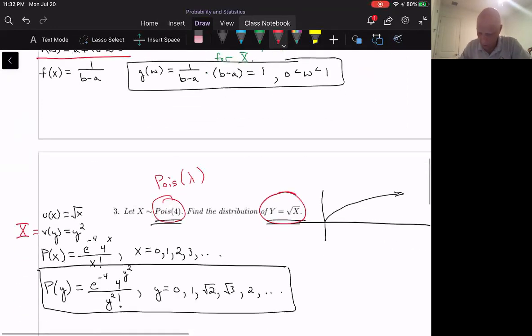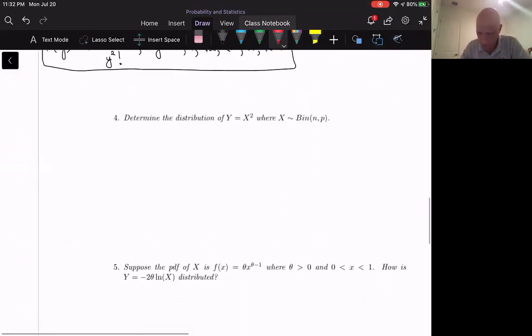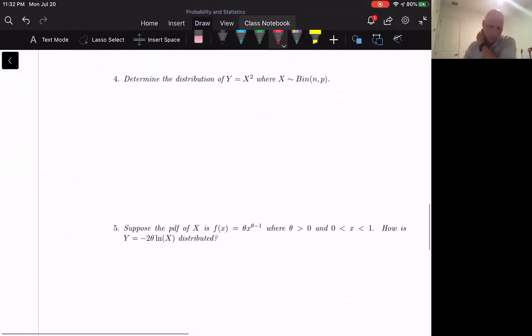All right, so problem 4 doesn't directly look monotonic. Again, this is a case y equals x squared, that's a parabola, but it will be monotonic. Does anyone see why?